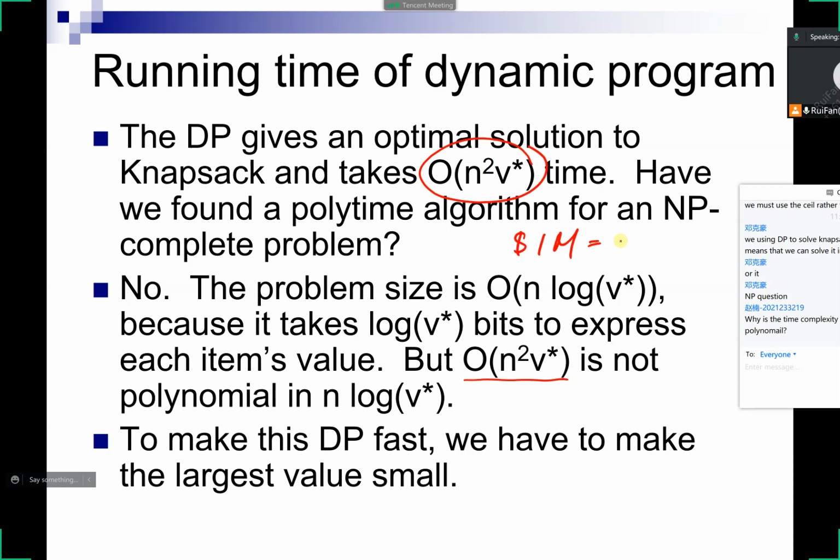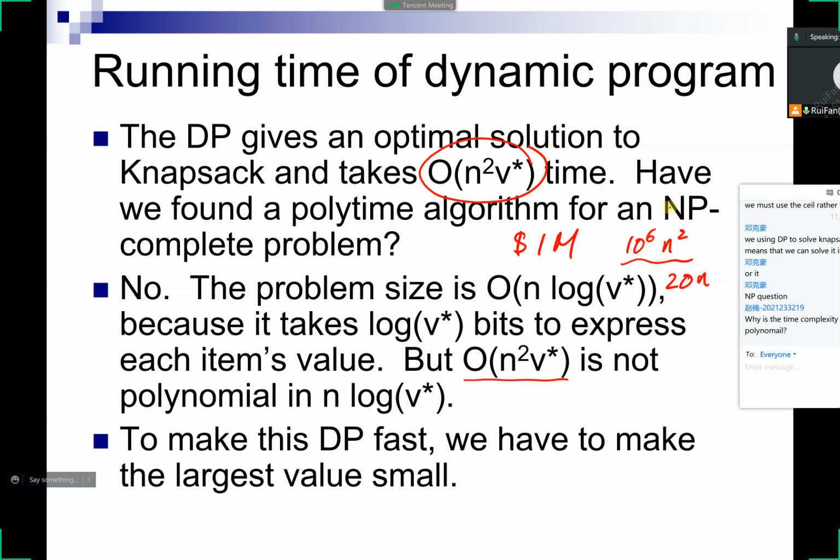Well, log of 1 million is 20. So even though the value is 1 million, meaning that when you run this algorithm it takes 10 to the 6 times n squared amount of time, this is your running time. But your input size only takes you 20 bits to write this number 1 million. So your input size is actually only 20 times n.